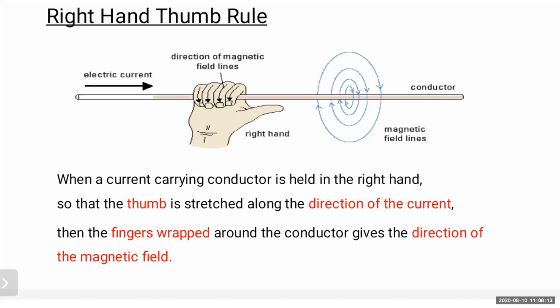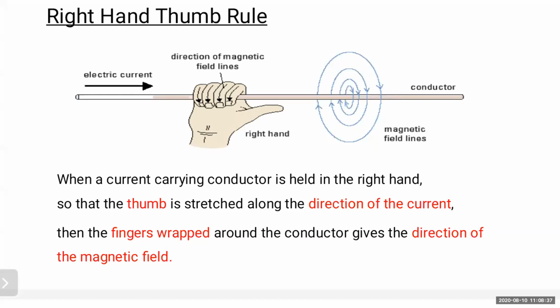So this is the Maxwell right hand thumb rule. It is also called Maxwell's corkscrew rule. Here is the direction of the magnetic field produced by the current flowing through an electric conductor.